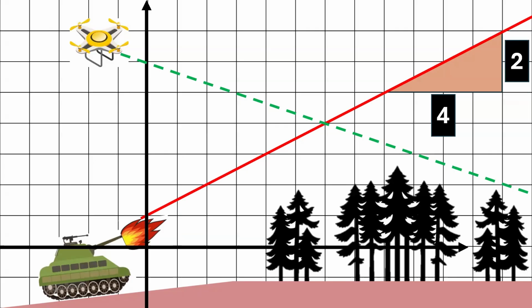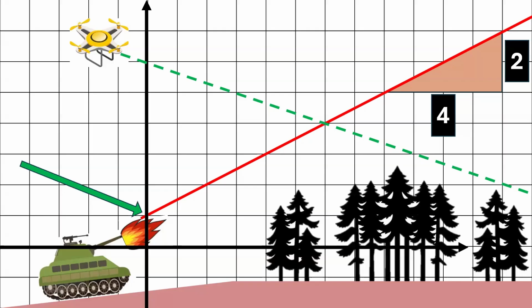So therefore, the rise over the run is 2 over 4. And from this graph that we have, the y-intercept is at that point, which is 1. So we know c is equal to 1, and the gradient is 2 over 4, or a half.